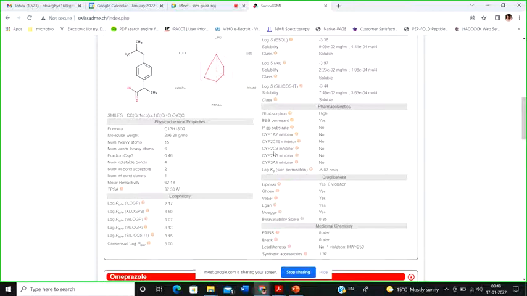Now, how do they find whether the molecule will act as an inhibitor or not? There are numerous inhibitors for the CYP isoforms that have been identified, and some affect different CYP isoforms while other compounds show selectivity for specific isoenzymes.